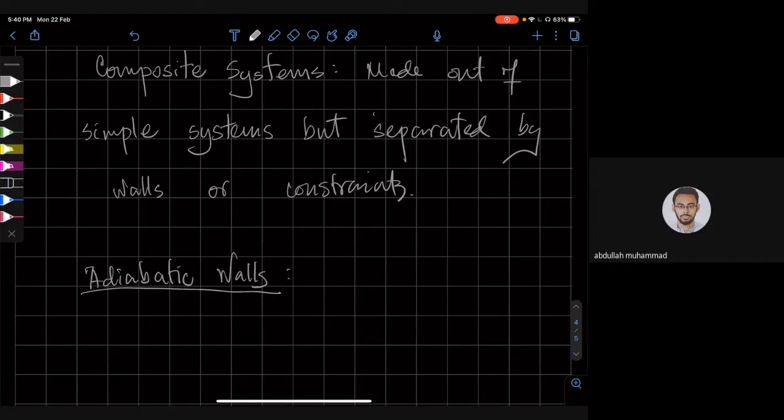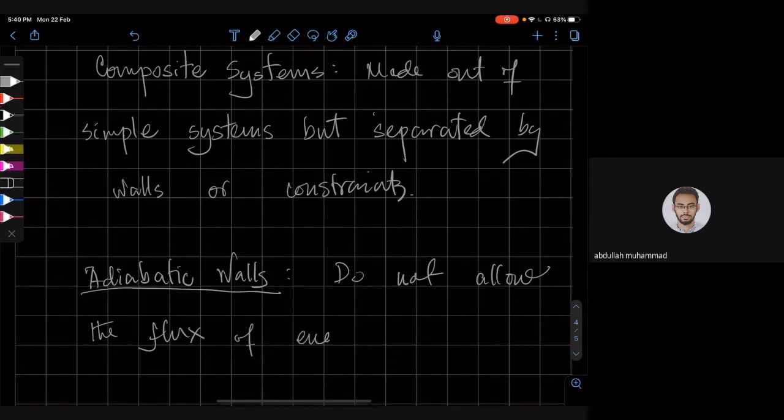Adiabatic walls are walls which do not allow the flow, which is called flux, of energy in the form of heat.